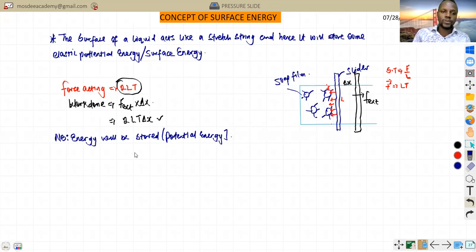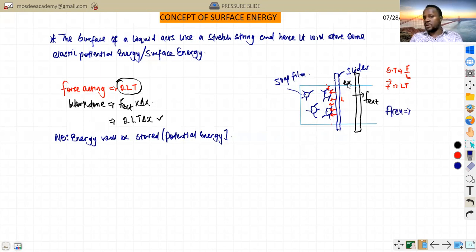So the next thing we want to do now is, we know that the work done on the body is now equal to 2LT delta X. We can also consider the area, because the area here is changing. From what you have learned before, let's consider the area of the slider.